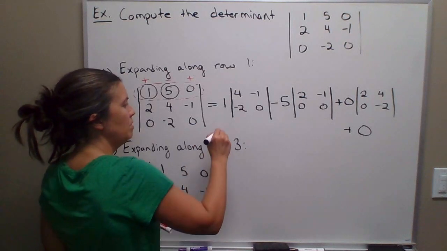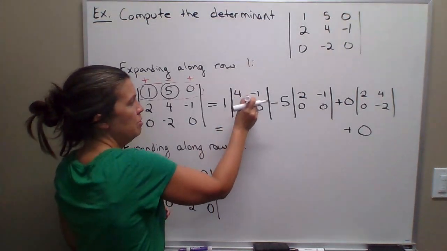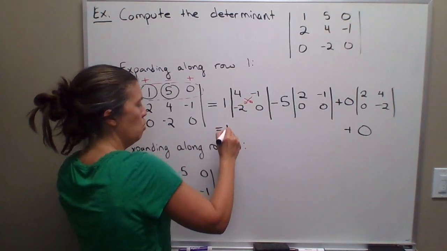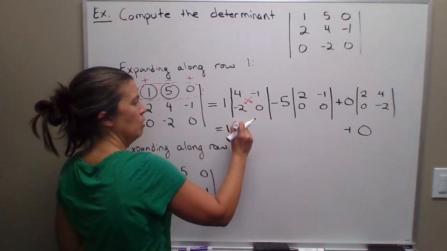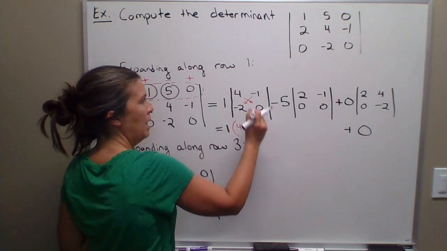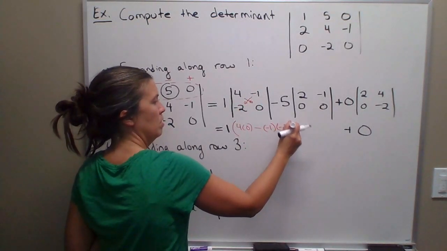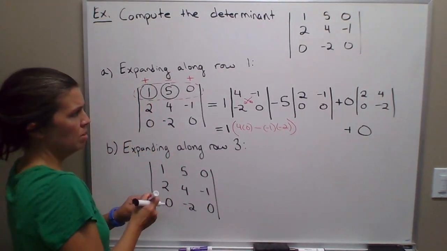Now once you're down to a determinant of a 2 by 2 matrix, you can do this sort of cross-multiplying, where we say, okay, this is 1 times 4 times 0 minus -1 times -2. That red might be a little hard to read, sorry about that.